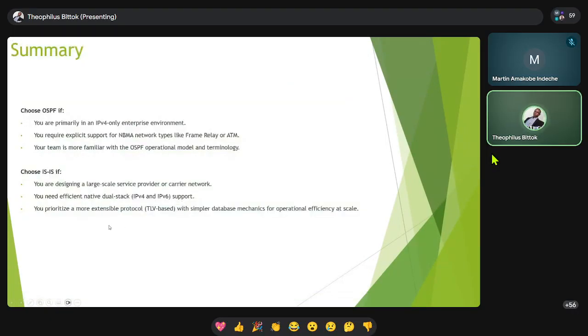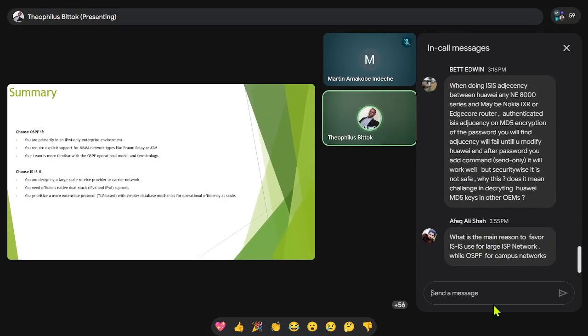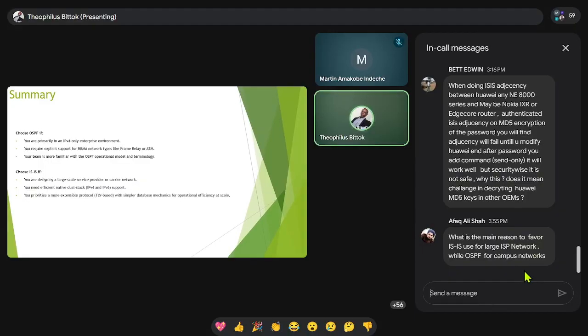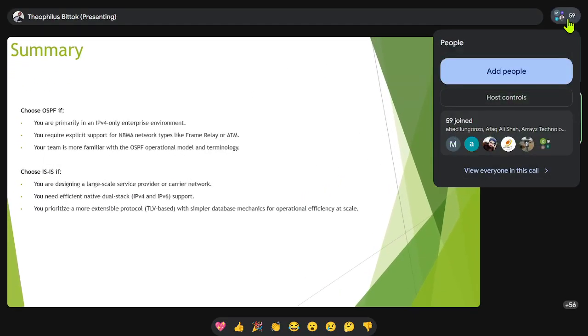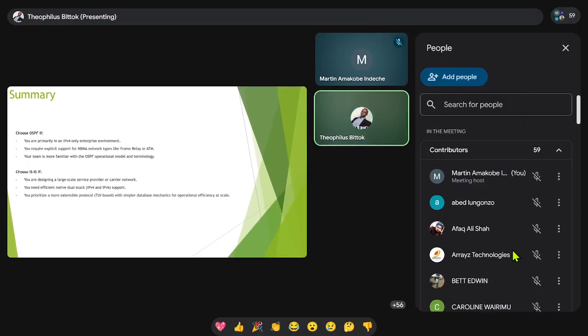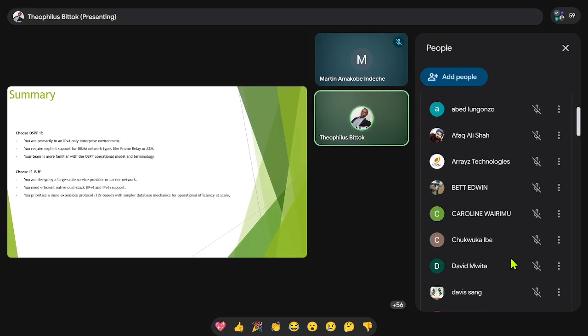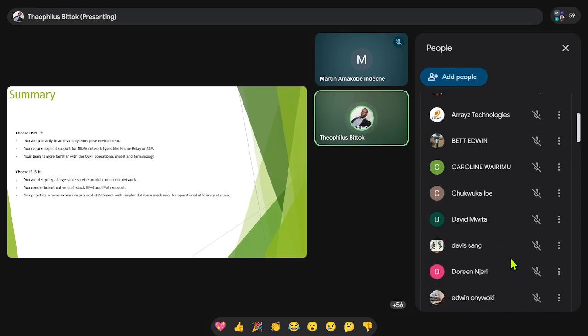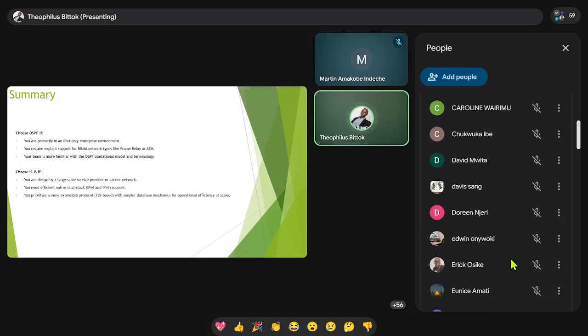Then a summary of the same. When it comes to making the final decision, if you're working in a campus network or just an enterprise environment, OSPF may serve you well. But if you're working in an environment where you need to support IPv4 and IPv6 seamlessly without a lot of effort, then your best protocol is ISIS.